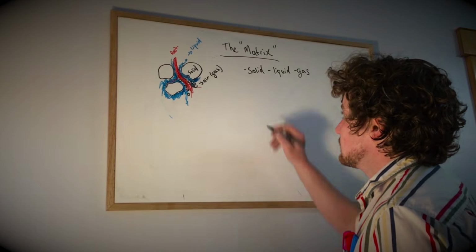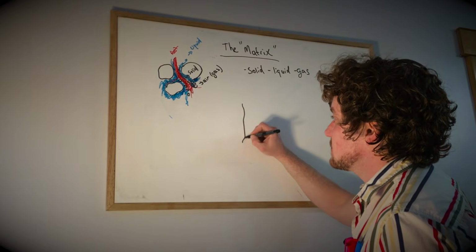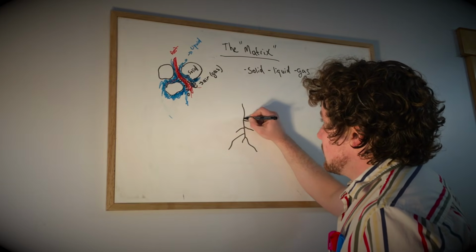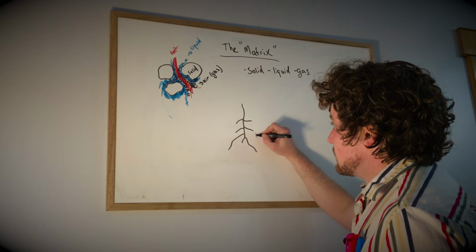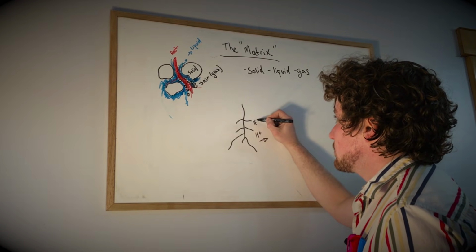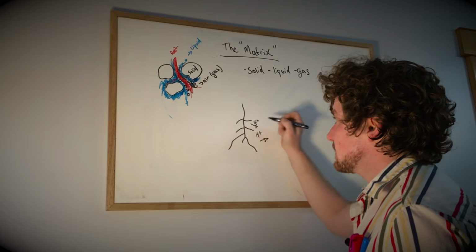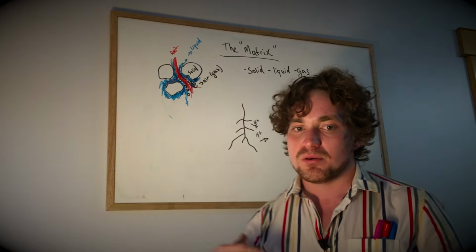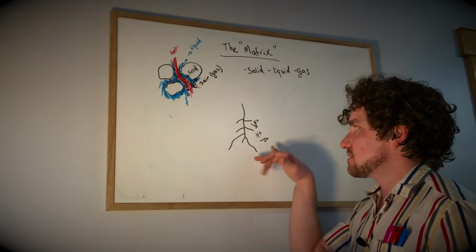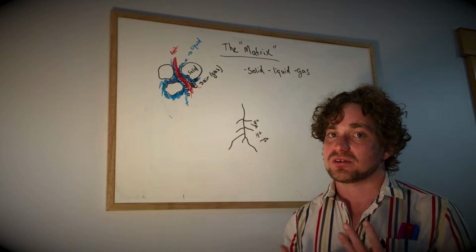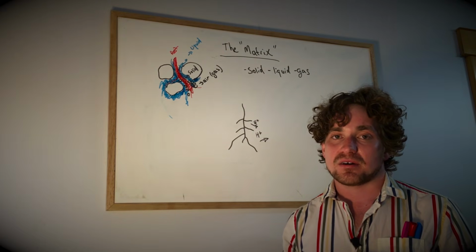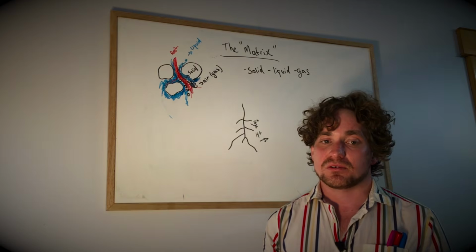And what that really looks like is, if we have our root here, what our root is doing is it's actually sending out hydrogen protons. It's exuding protons, and this is why pH is important. It's the percent of hydrogen or hydronium in the solution, and that really dictates what nutrients are available.